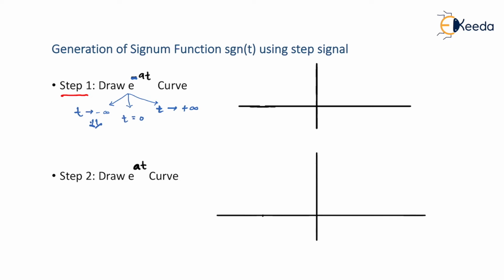The negative sign is already present here, and since t is also negative, negative becomes positive. So I get the value as infinity. At t equal to 0, it becomes e to the power 0, which is 1. And thereafter, I substitute t equal to infinity. Now this positive infinity makes the value e to the power minus infinity, and e to the power minus infinity is 0.